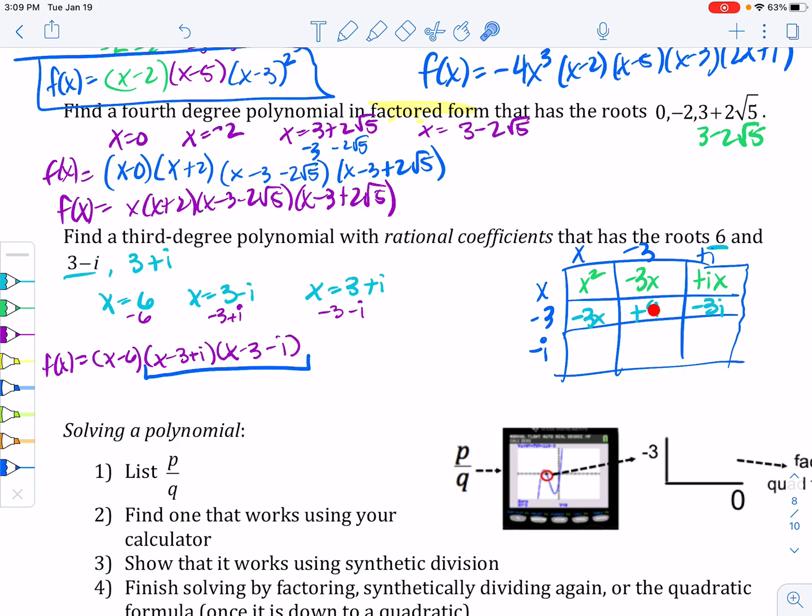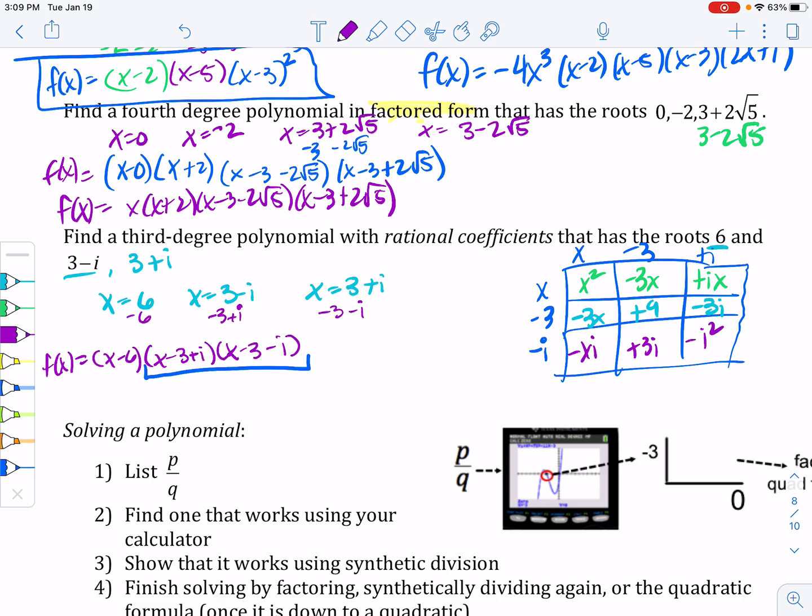Negative 3 times negative 3 is 9. Negative 3 times i is negative 3i. And then in our third row, we're going to do x times negative i is negative xi, or ix, both are the same. Negative i times negative 3, which is positive 3i. And then we have negative i times i, which is negative i squared.